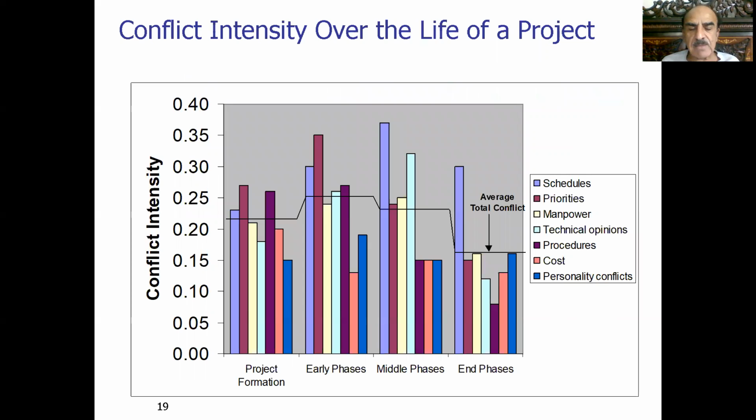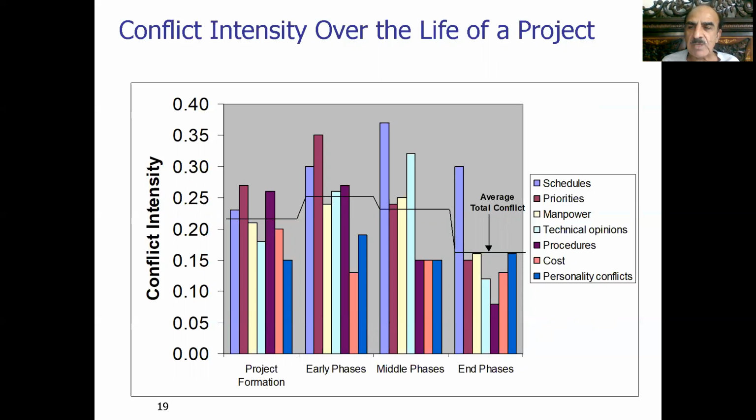We discussed this last time also: the intensity of conflicts changes from phase to phase of the project. In the formation stage, we normally see that project priorities are the biggest source of conflicts, followed by the schedule and maybe SOPs and procedures.